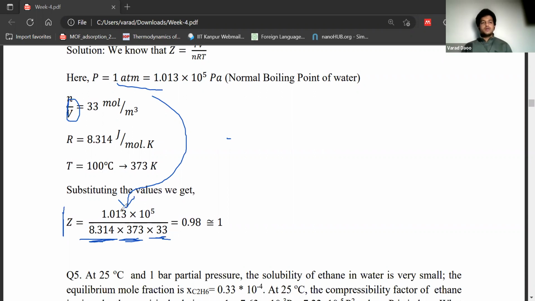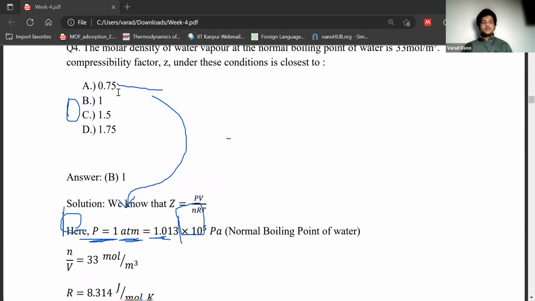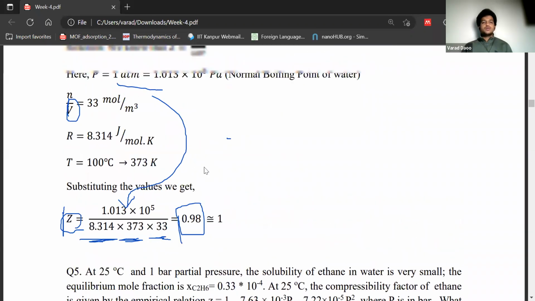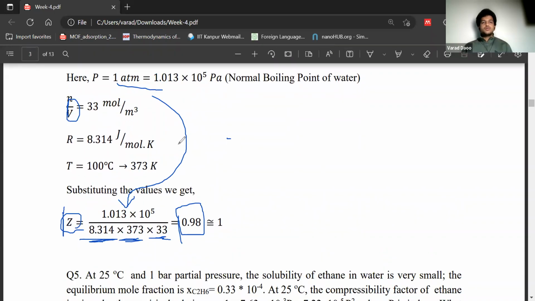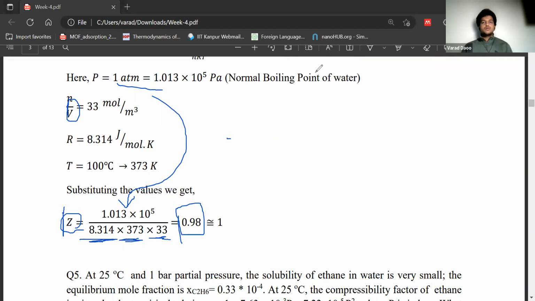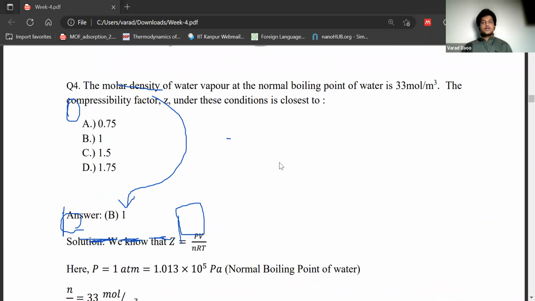This is nothing but n by V. So you end up with Z as 0.98. If you look at the options, you don't get 0.98, but it is very close to 1. Hence, the correct answer is option B.